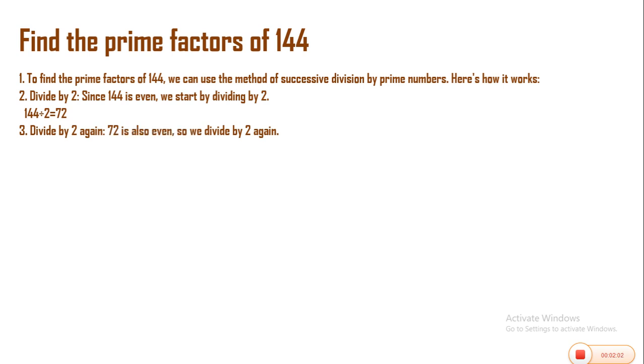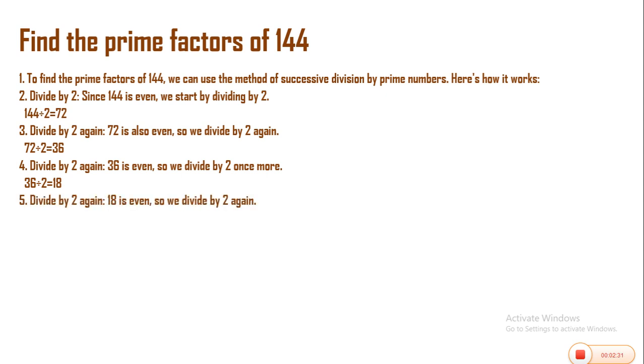144 divided by 2 is equal to 72. Since 72 is still even, we divide again by 2. So 72 divided by 2 is equal to 36. 36 is also even, so we divide by 2 again. 36 divided by 2 is equal to 18.